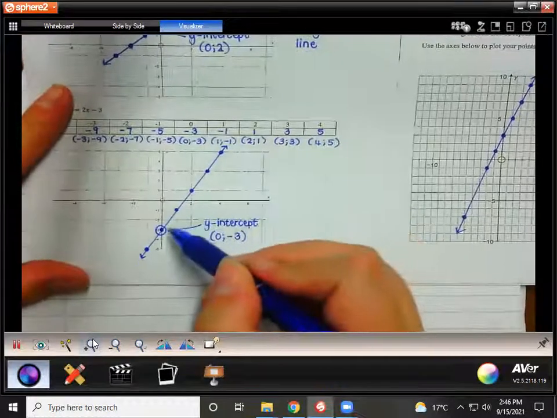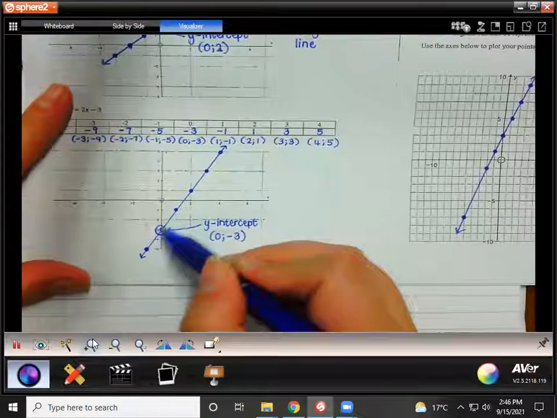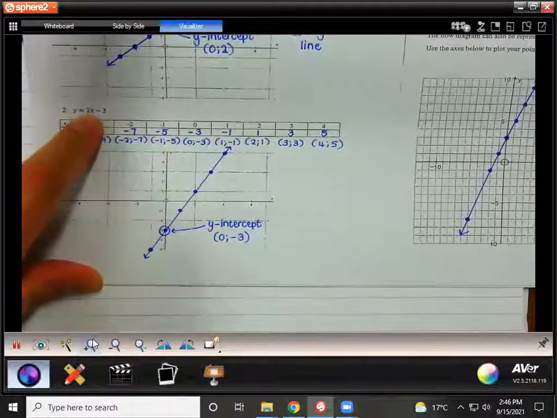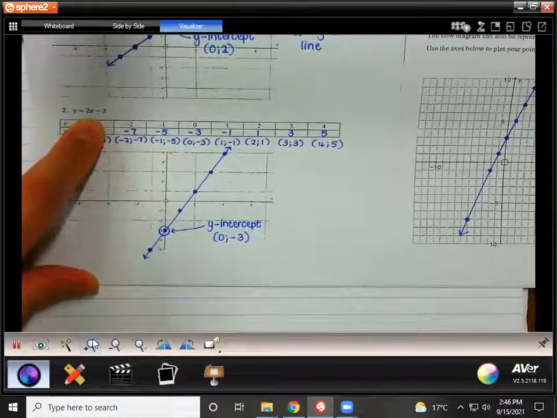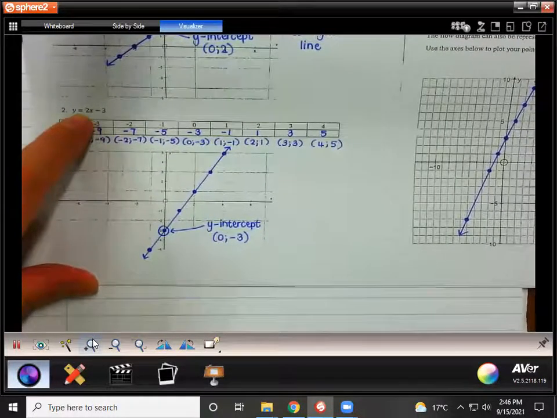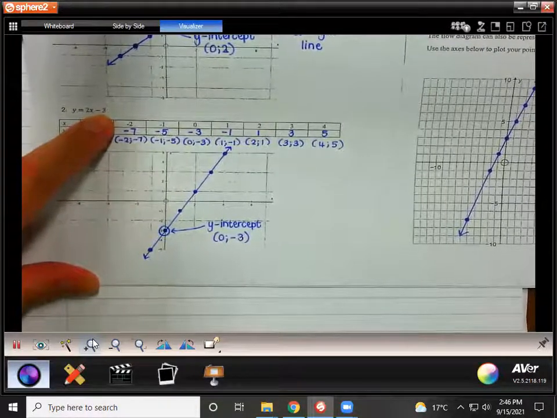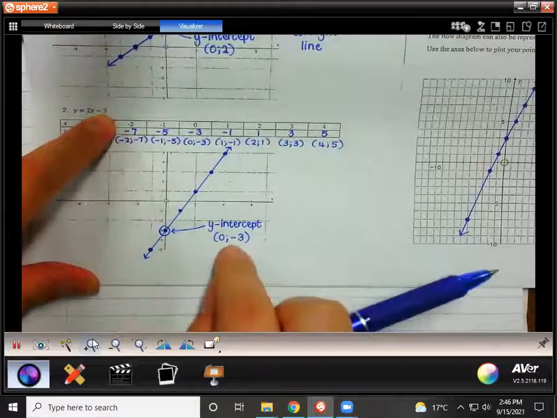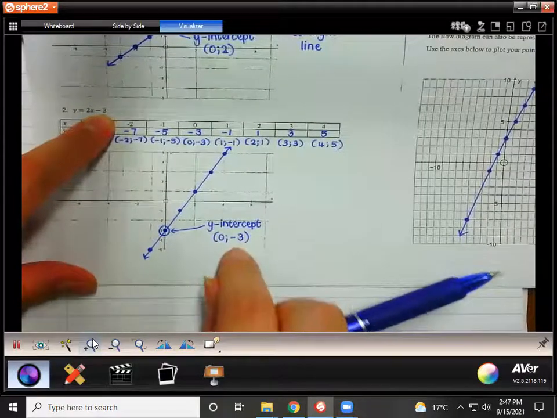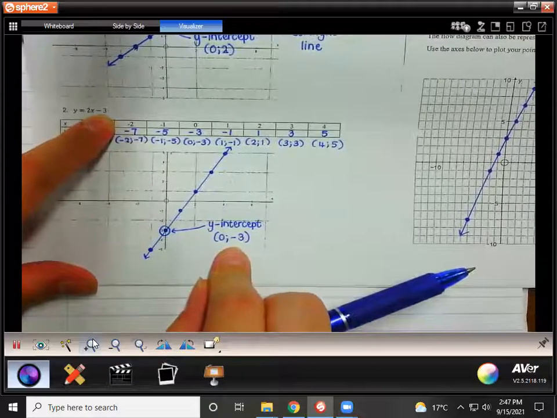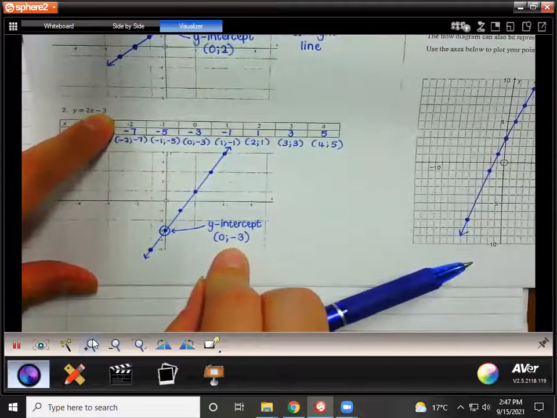The x value of that point is 0, and the y value is -3. And guys, isn't that the constant term in this equation as well? This equation is y equals 2x minus 3. The constant term is -3. The y-intercept is at -3.